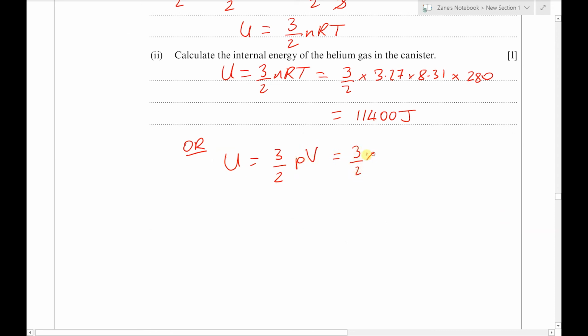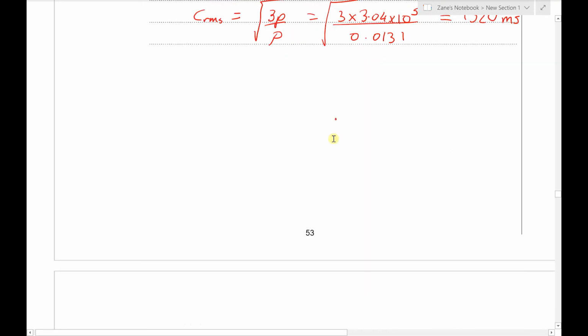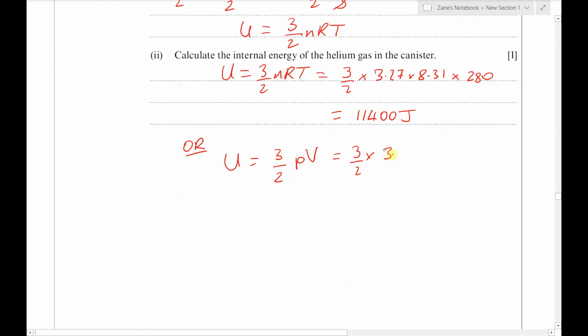So 3 over 2 times the pressure, which I think was 3.04 times 10 to the 5, times the volume, which was 0.025. And that will give exactly the same answer, must do, of 11,400 joules. That trick that U is 3 over 2 PV can make quite a few questions a lot quicker to do.